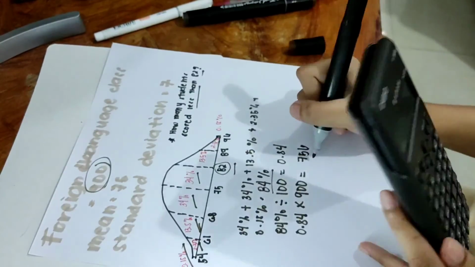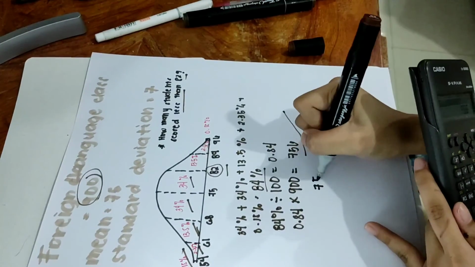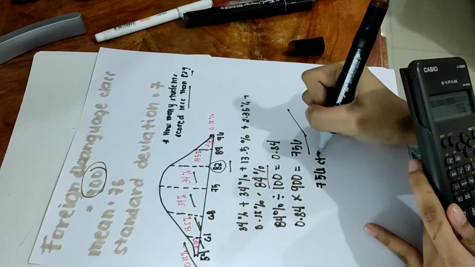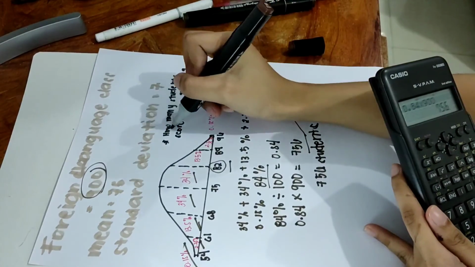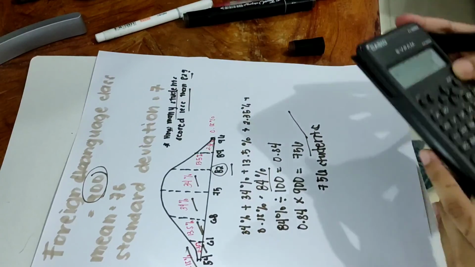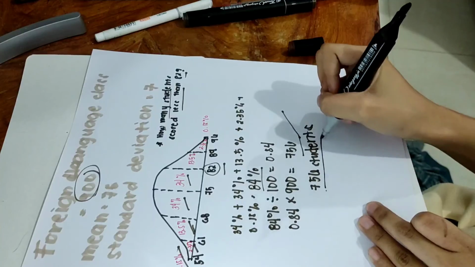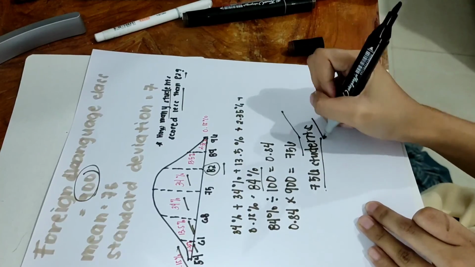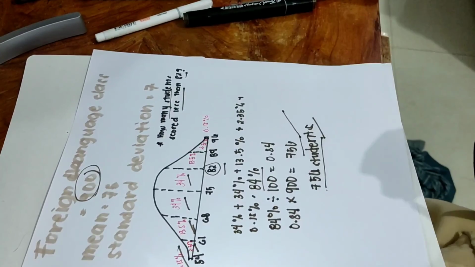And this is going to be your final answer, 756 students. Let's not forget the students, because ito ang hinahanap natin. So, sabi, ang meron daw nakakuha ng score na less than sa 82 ay 756 students. And that's it for our example on normal distribution.